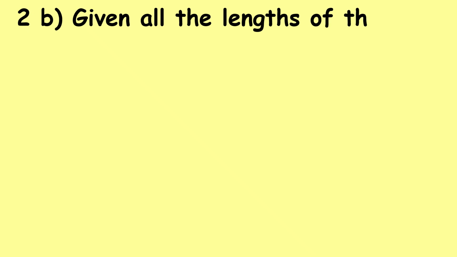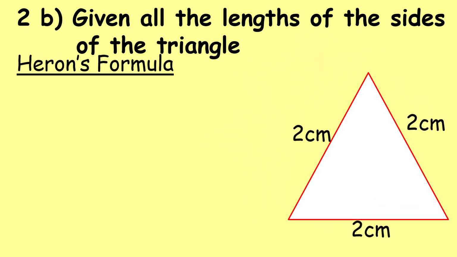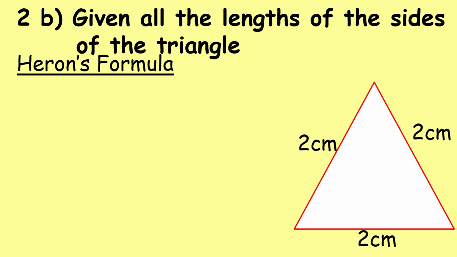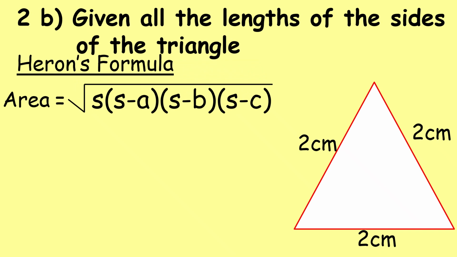So here we'll be applying Heron's formula in order to find the area of a particular triangle with the three sides given. Let's quickly remind ourselves of Heron's formula for finding the area, and it's given by this formula.